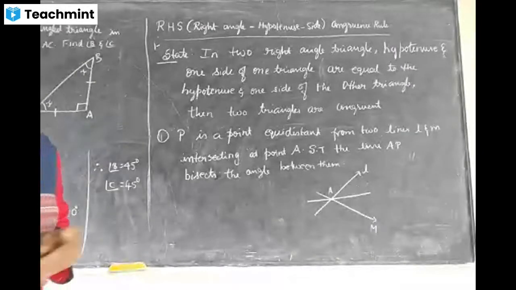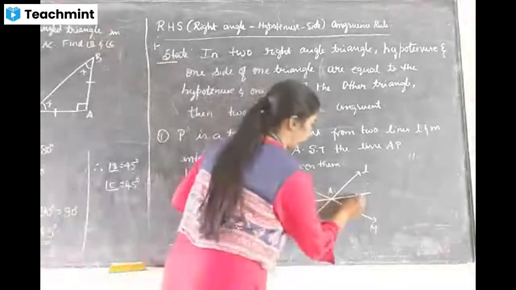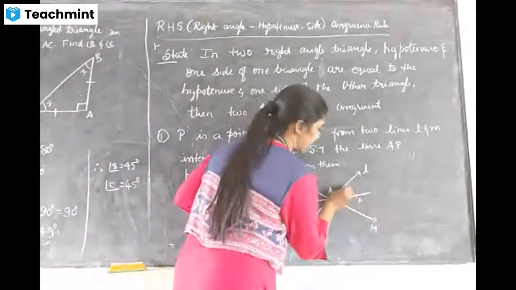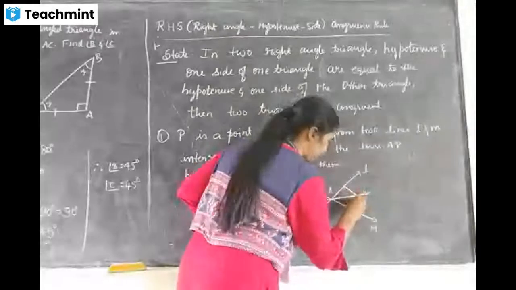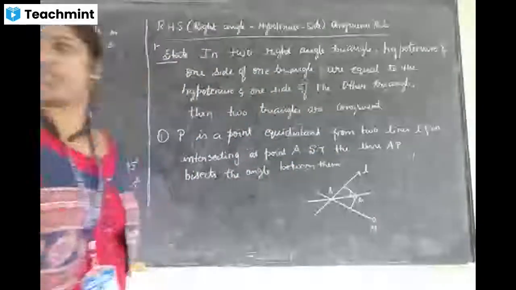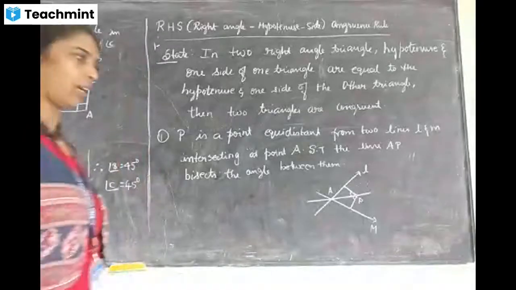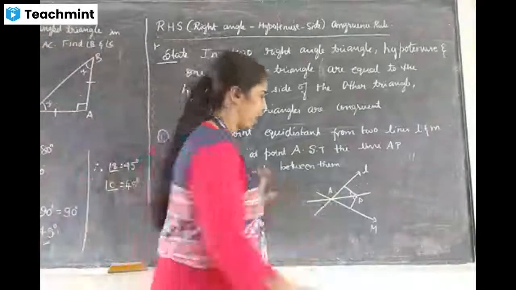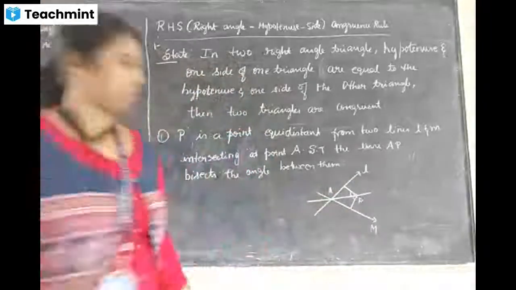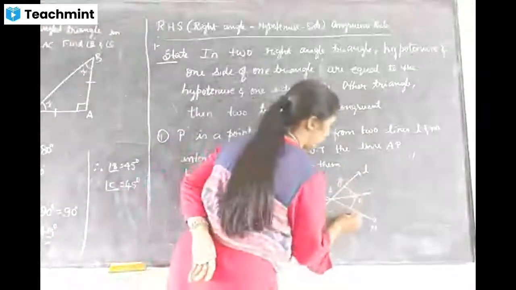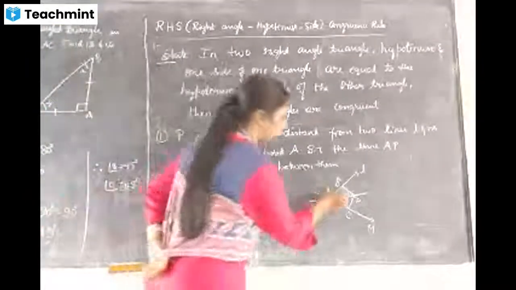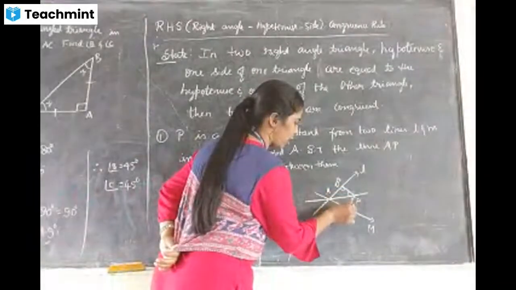So we must show that the line AP will bisect the angle between them. We must say these angles are bisected. I'll give some namings here, the ones given in the reader, so that if you refer to the reader you don't get confused. Now these become straight, 90, 90.